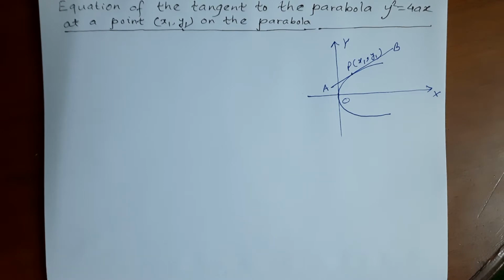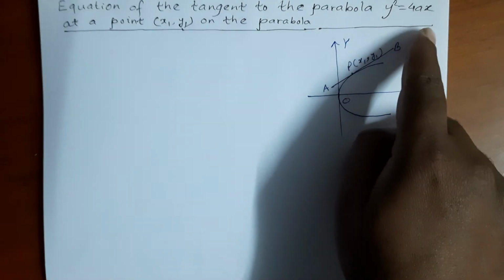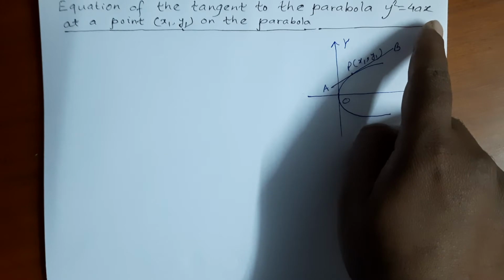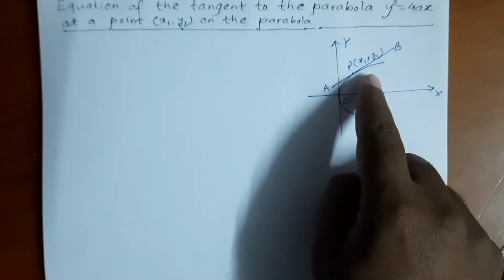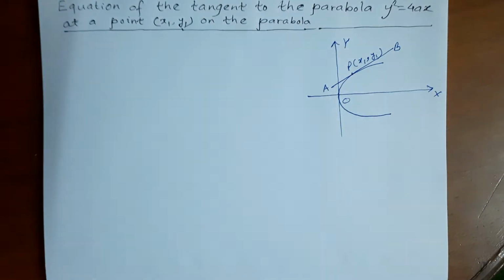And we know that the slope of the tangent is given by the first derivative dy over dx. So first of all we will differentiate y square equals 4x and find dy by dx. That gives us the slope of the tangent at any point on the curve.